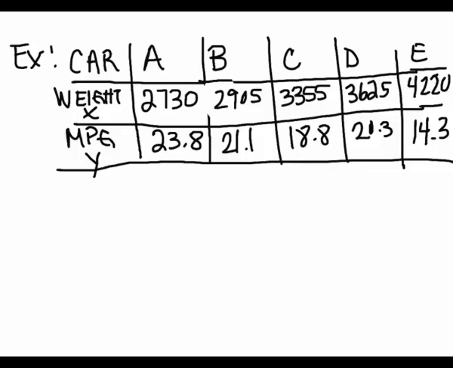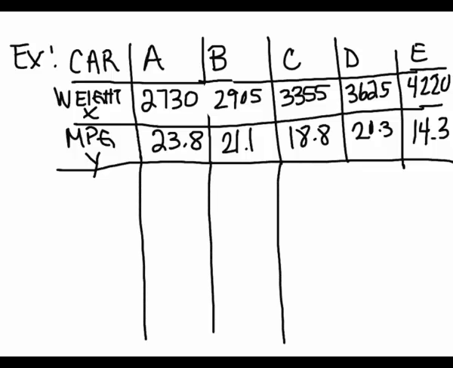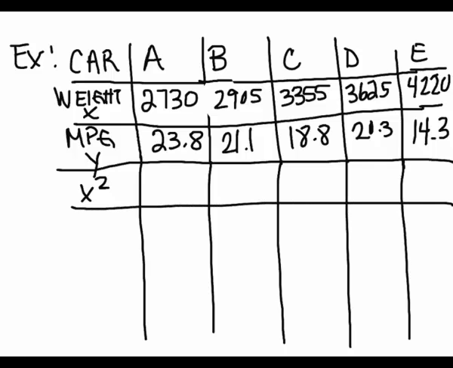Now before I was doing the columns straight up and down, and now I'm going to do them straight across since this is already how I wrote my data for X and Y. So if you remember, I have X and Y. I need X squared. I need Y squared. I need XY.